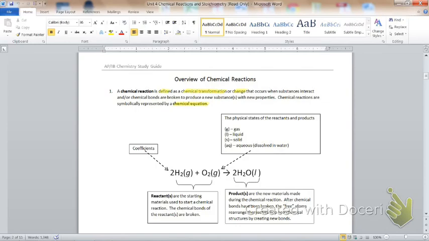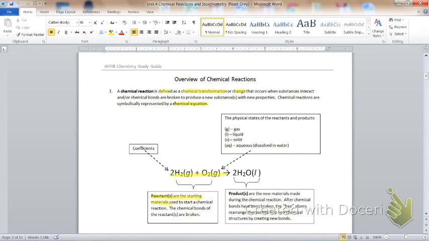First of all, it should always include what are known as the reactants. The reactants are known as the starting materials used to start a chemical reaction. It is the reactants whose bonds get broken in the course of the reaction.